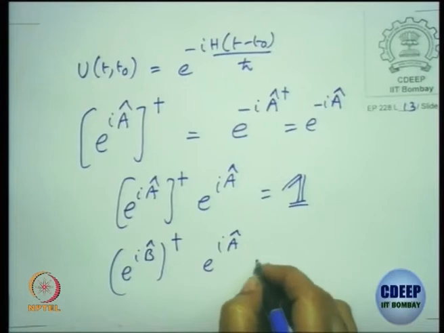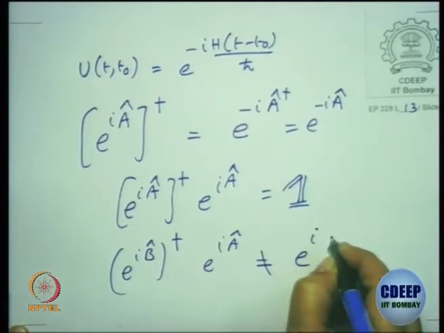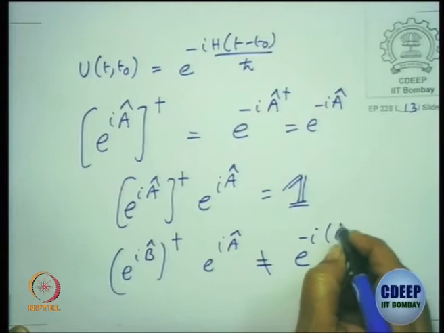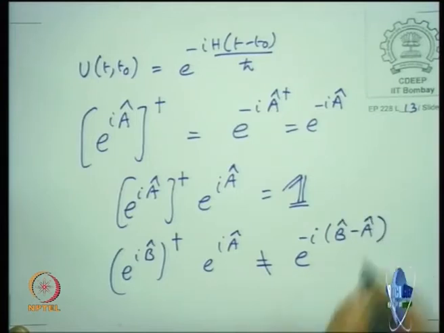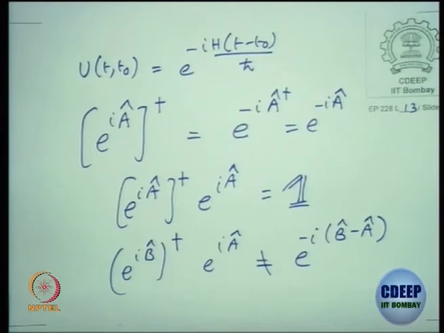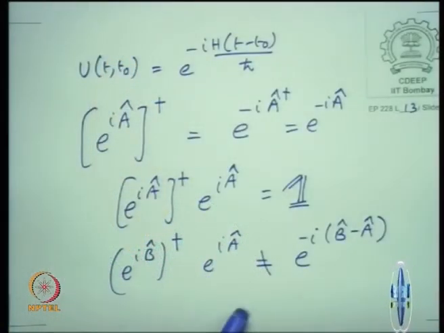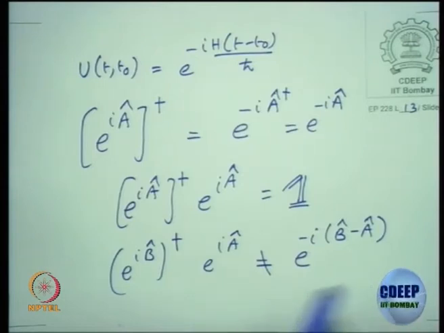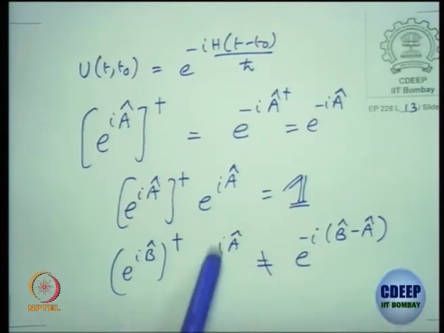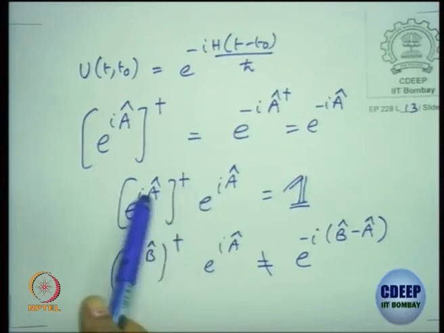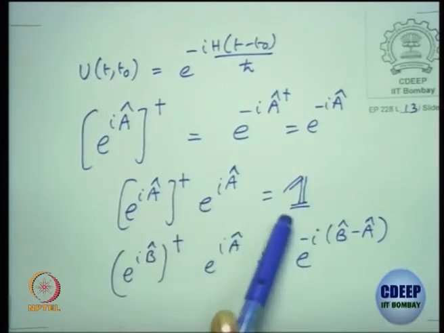This is not equal to this in general. You all agree? It will be true if they are commuting operators. If B and A are commuting, then you can write it this way. So trivially I have taken here the same operators, so that is why this becomes identity.